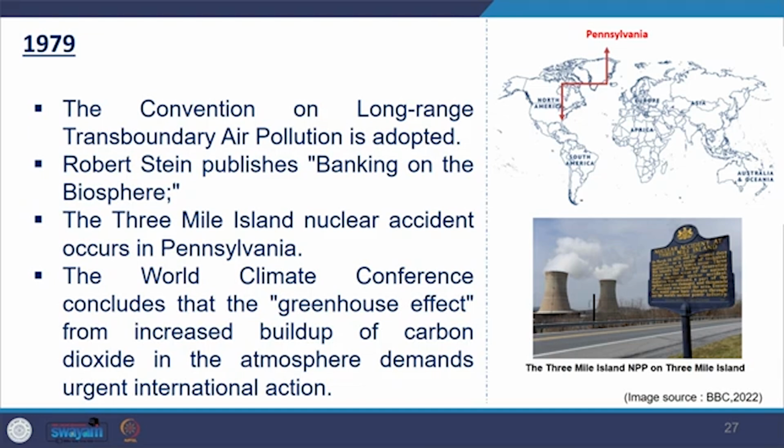The World Climate Conference in this year concluded that the greenhouse effect from the increased buildup of carbon dioxide in the atmosphere demands urgent international action. So there was urgency identified about how collective actions have to be taken for the greenhouse effect and all kinds of development activities which were happening, and even how things have to be handled at the transboundary level.